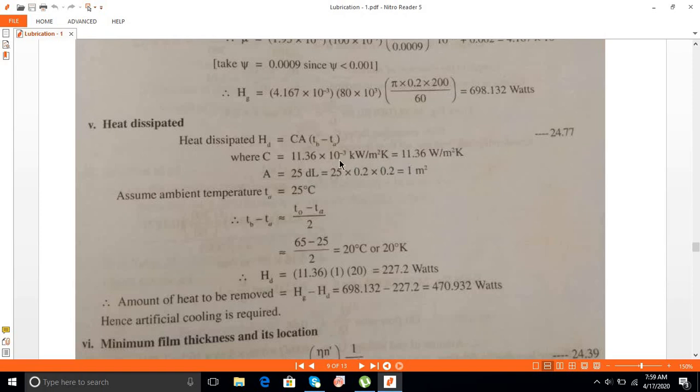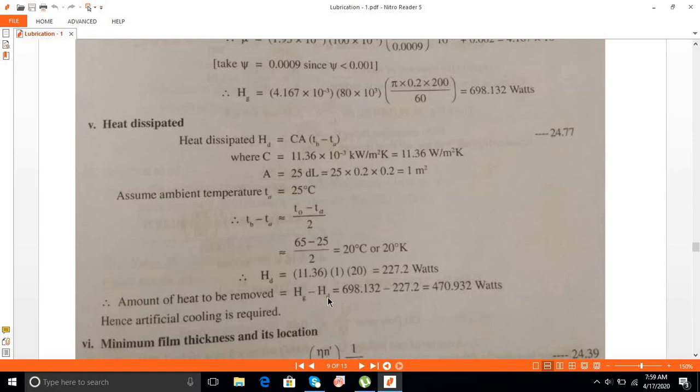So this kilo and 10 power minus 3 get cancelled, so it is 11.36 watt per meter square degree Kelvin, and A is 25 into D into L. D and L are 200 mm. So after calculation we get Hd is equal to 227.2.